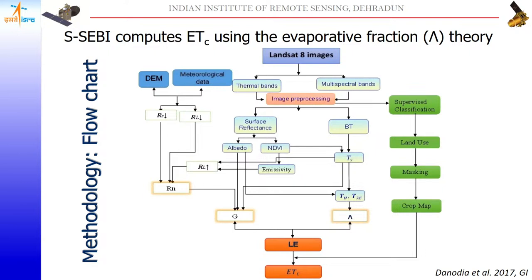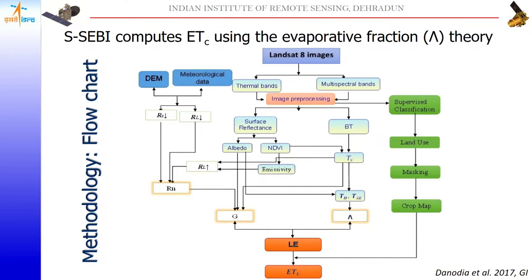So this is the overall methodology of the model to compute crop evapotranspiration, specifically the method named SSEBI, and the theory of evaporative fraction. In this model, we first compute NDVI and then LST, and a scatter plot between land surface temperature versus albedo, where the albedo is derived from the surface reflectance of the VNIR bands.